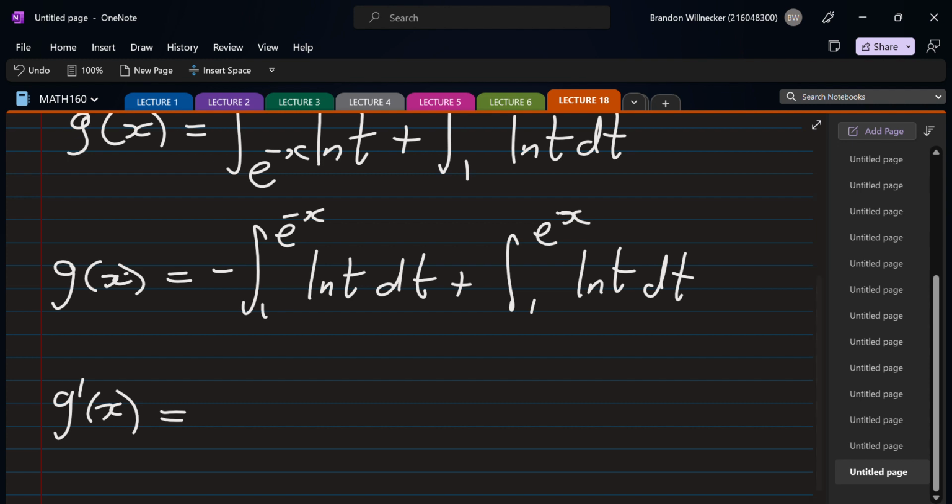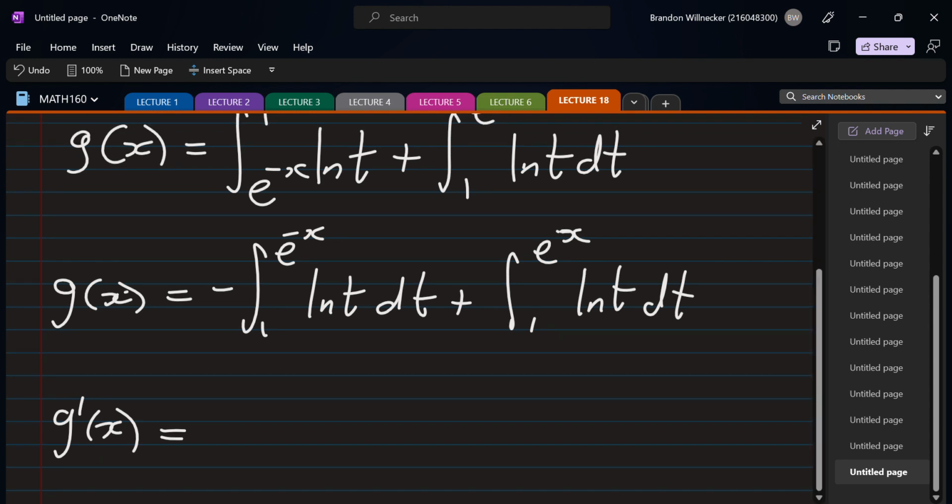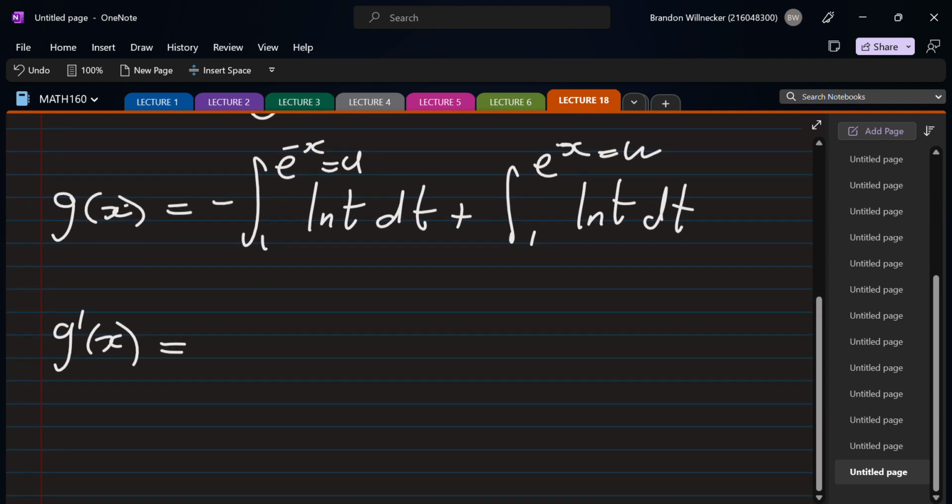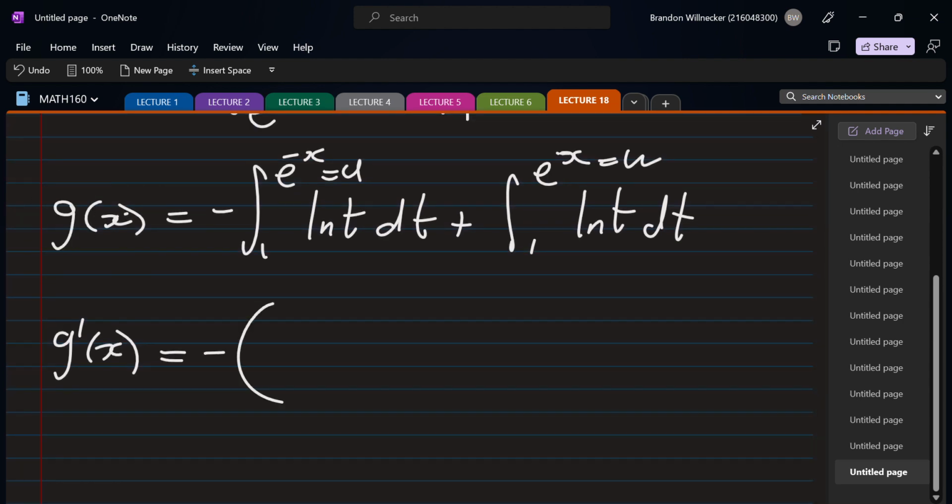For the first one, we can call that top bound u. For the second one, we can call that w. So here we have a minus. So we have from 1 to u, if we do d by du, that cancels the integral. So we have the natural log of u, and then we need du by dx.